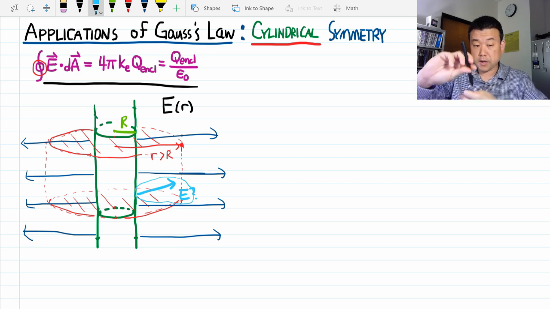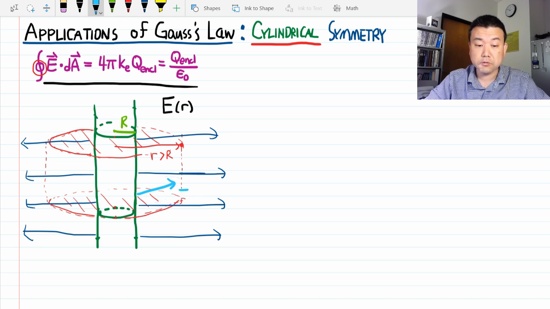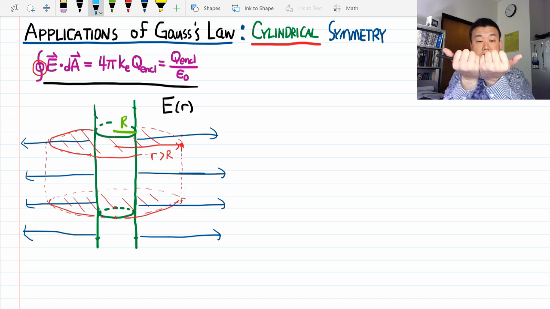So you do reflection, nothing in the charge changes, but the electric field has to go from pointing up to pointing downward. That's absurd, so that's contradictory. So that means our initial assumption was wrong. Electric field can't be pointing up or down. It has to only point radially outward.